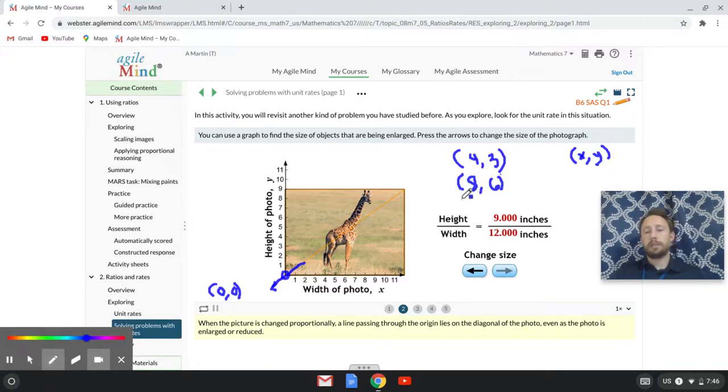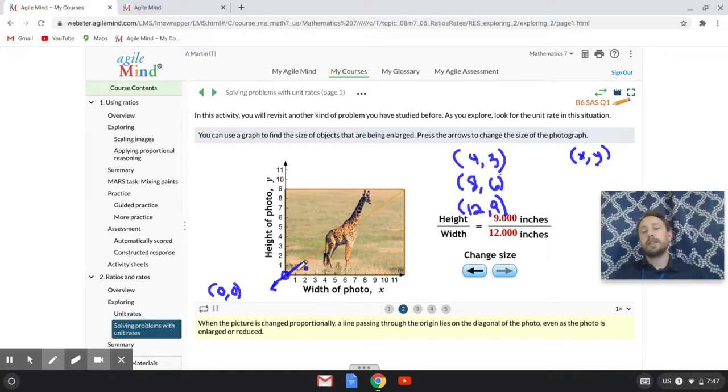While you think about that, I'm going to write the ordered pair down. So remember, our X comes first, which is 12, and our Y is second, which is 9. So by this time, we should know that 3 times 3 is 9, and 4 times 3 is 12. So that's how we create proportional ratios.